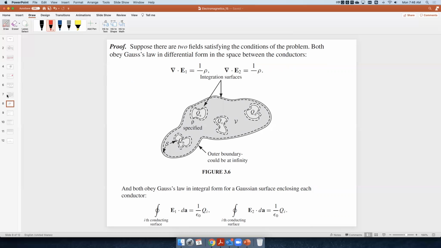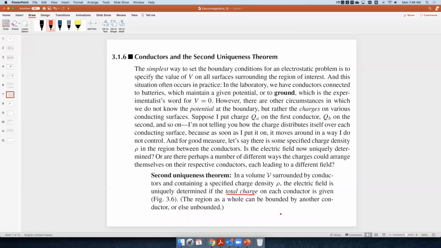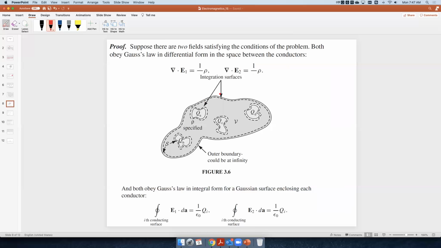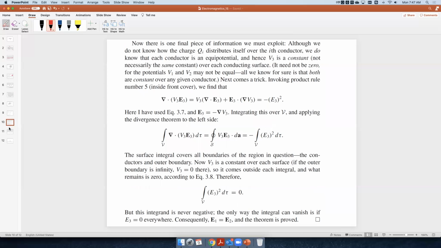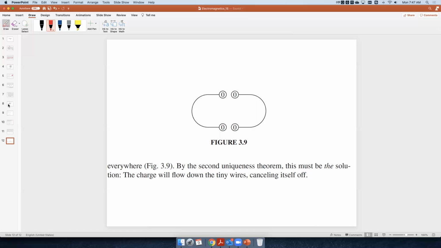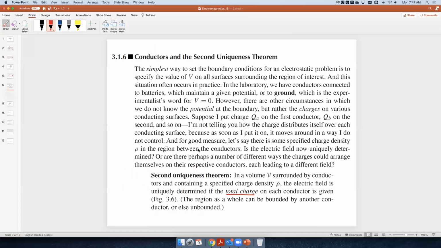You just need to remember this conclusion. Just keep it in mind. There's a uniqueness theorem for conductors. That's all we need. If you're interested, please go through the equations and see how to derive this second theorem. But at least, please remember the second uniqueness theorem.